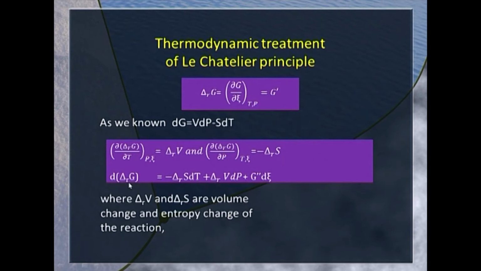Substituting this value in the expression, we got this term d delta R G, where delta R G is the Gibbs free energy of reaction, delta R S the entropy of reaction, delta R V the volume change of the reaction, and this is the double derivative of the change of Gibbs free energy with the extent of the reaction. This term is represented by this.